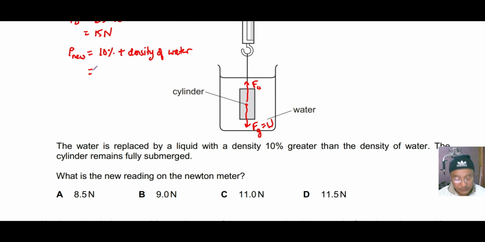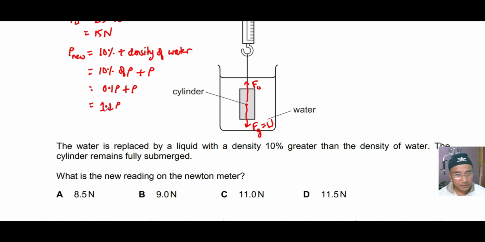So that means if the density of water is considered as rho, it should be equal to 10% of rho plus rho. So this is 0.1 rho plus rho, that becomes equal to 1.1 rho. So rho nu is equal to 1.1 of this rho.